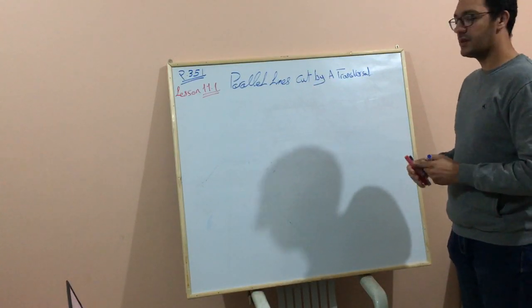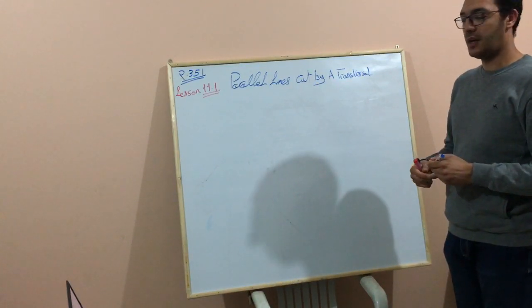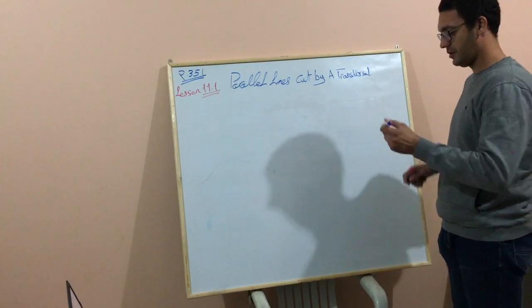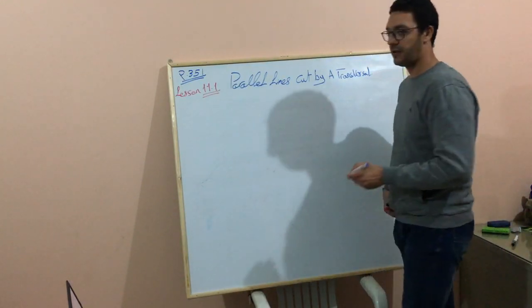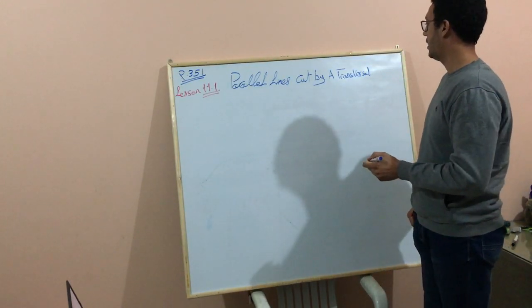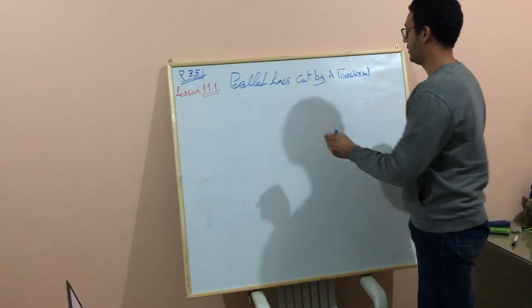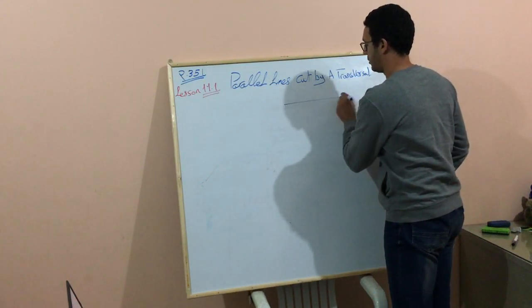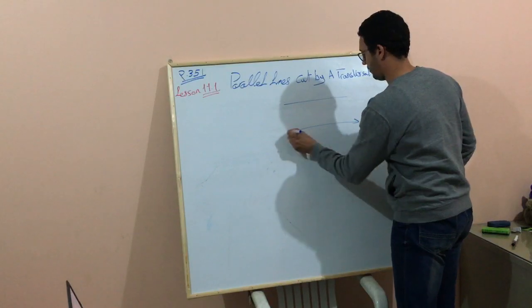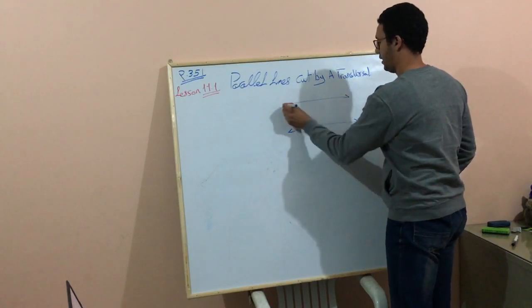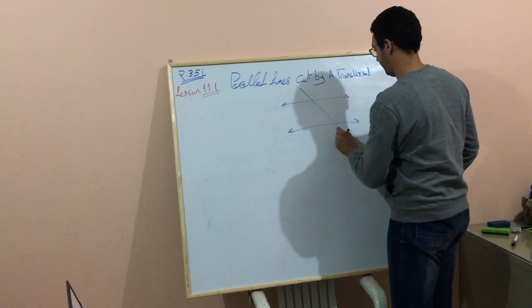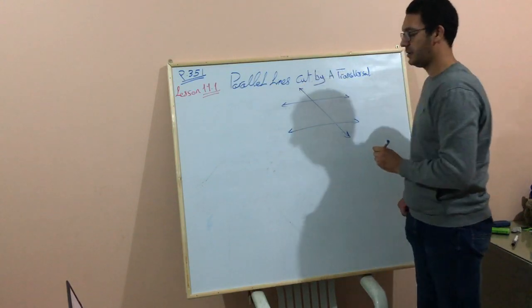Let's first remember some of the angle relationships that we have. We said that we have three types of relationships in this lesson that come out from the intersection of a transversal with two parallel lines.